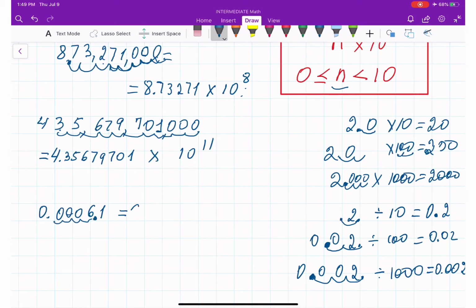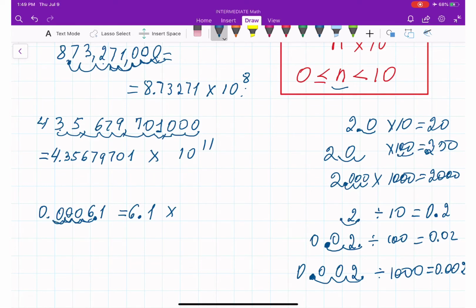So I will have 6.1. Since 6.1 is much greater than 0.00061, then I have to multiply by, meaning divide by, how many times? 1, 2, 3, 4, right?